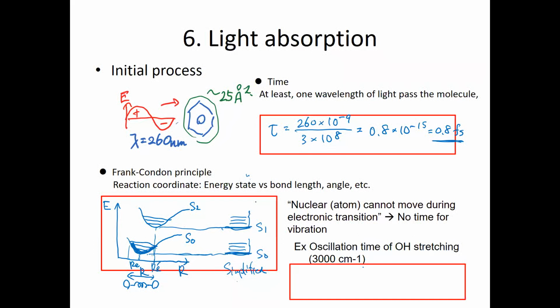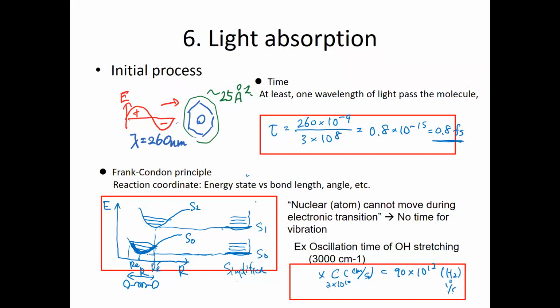Okay, then the time is, in frequency, the 3000 Kaiser can be coupled with the light velocity, given by centimeter per second, 3 times 10 to the 10, and it corresponds to 90 times 10 to the 12 hertz.